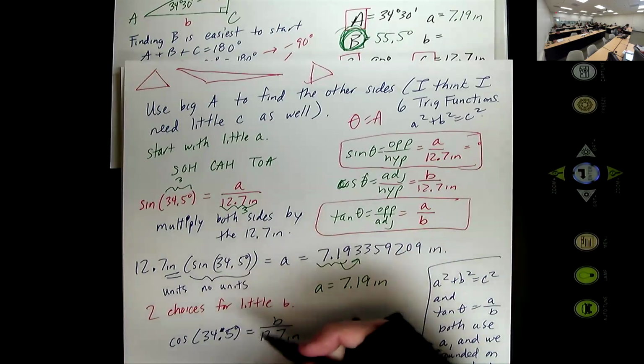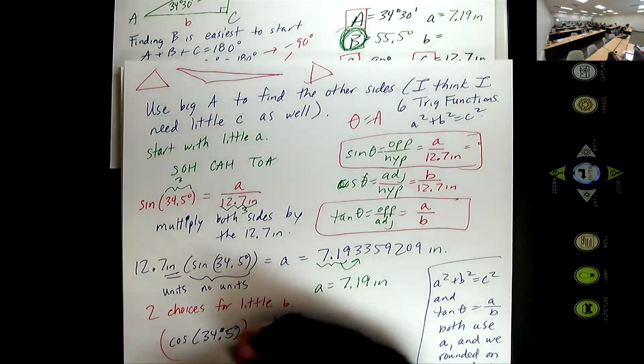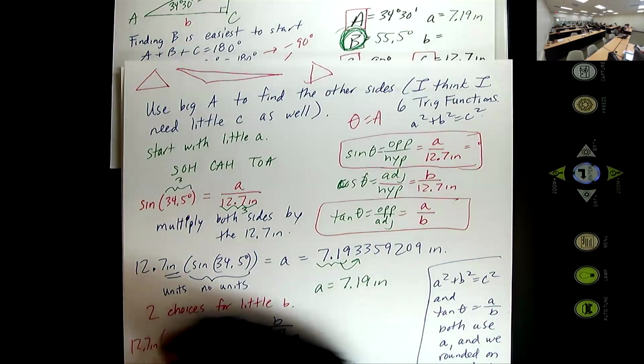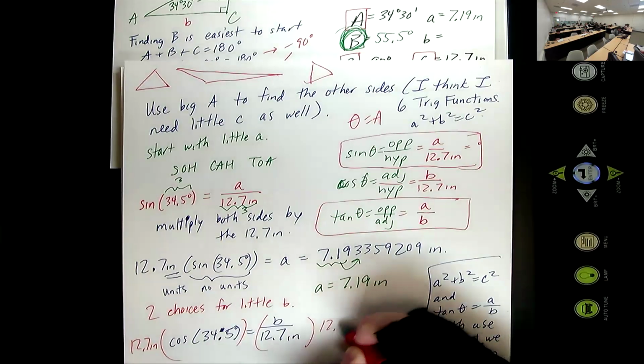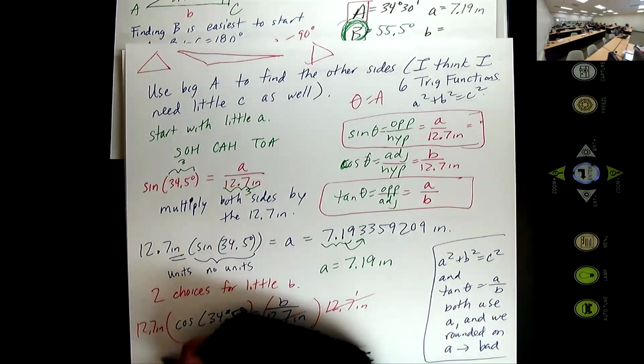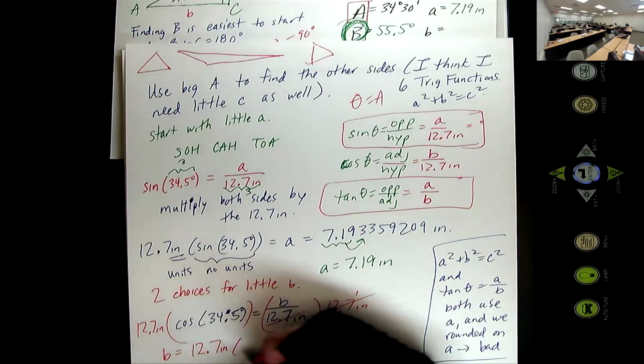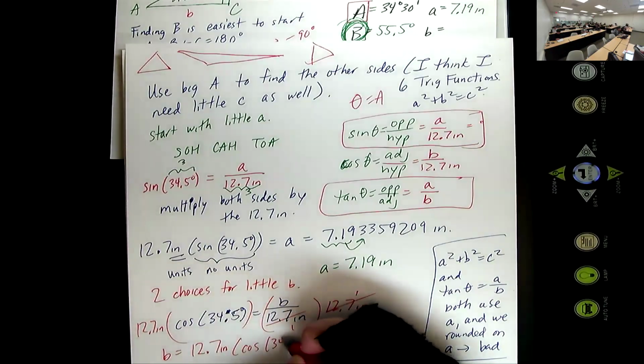So we'll do this one, same process that we did last time. We're gonna multiply both sides by that 12.7 inches. By doing that, it cancels out the thing on the right. And so we will get B equals 12.7 inches times cosine of 34.5 degrees.